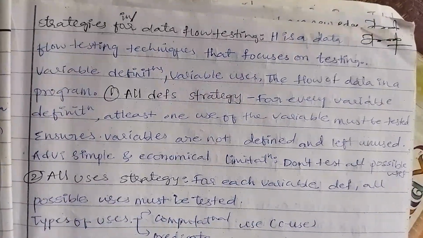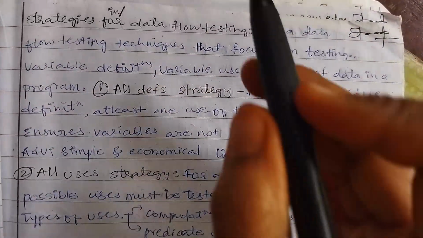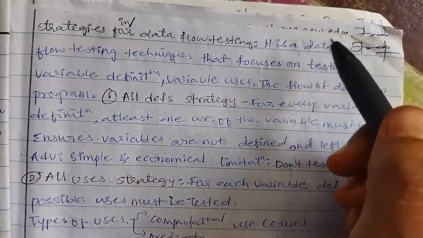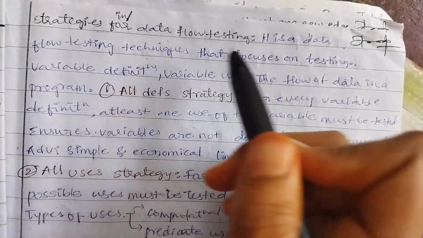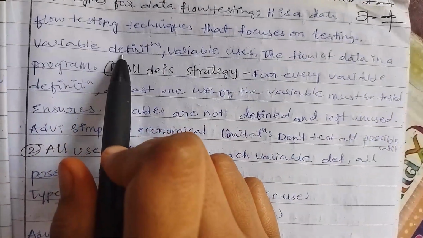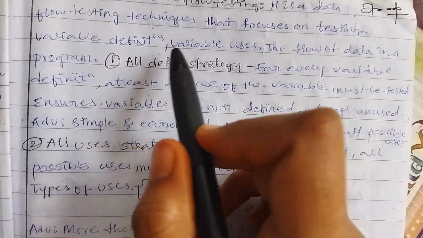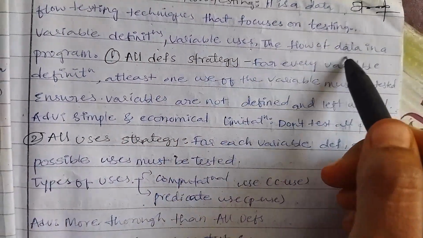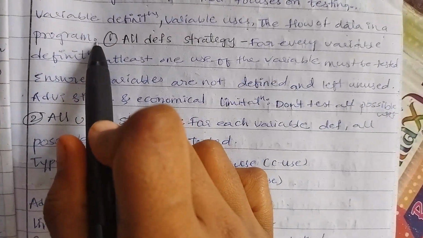Next concept is strategies in data flow testing. It is a data flow testing technique that mainly focuses on testing variable definitions, variable uses, and the flow of data in a program.